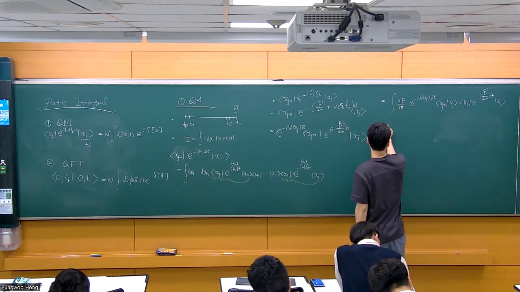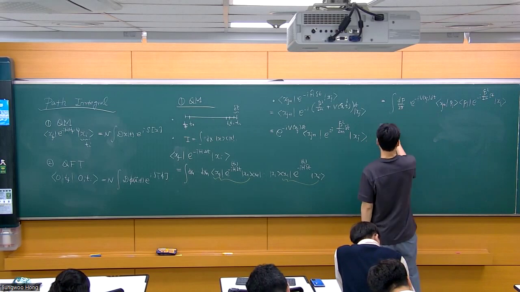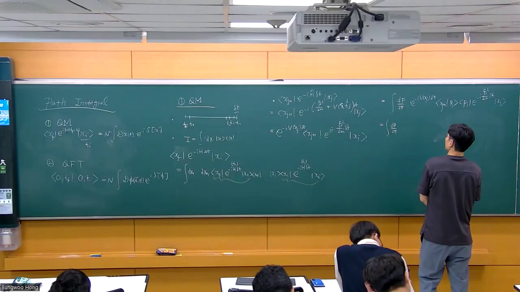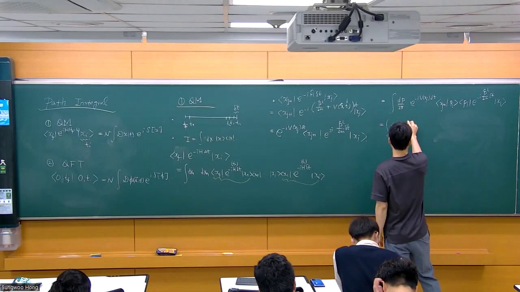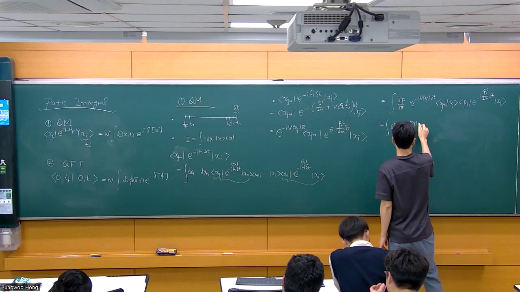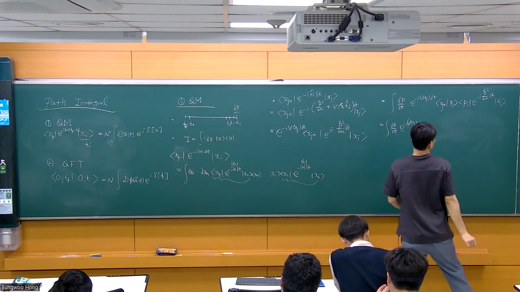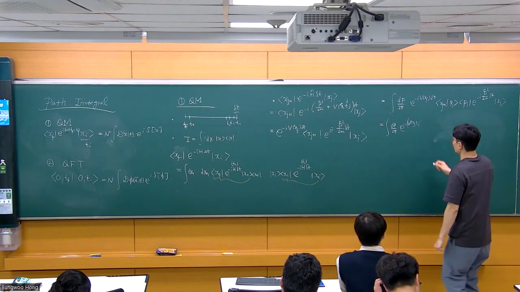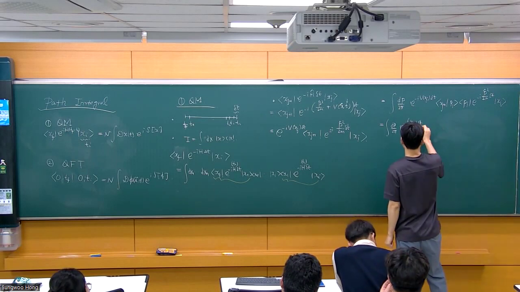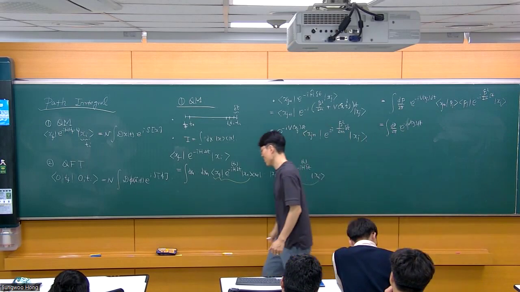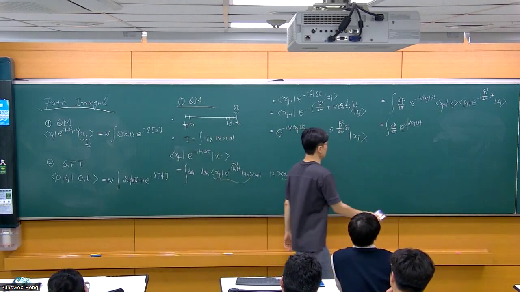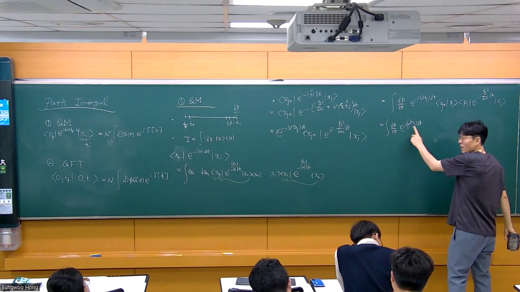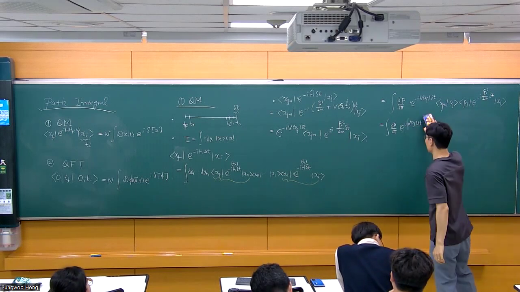So we get dp over 2π, e^{-iV(x_j)Δt}. Let me separate this out, because it will turn out to be a useful thing to do. This part has nothing to do with the momentum, so let me pull it out of the integration.